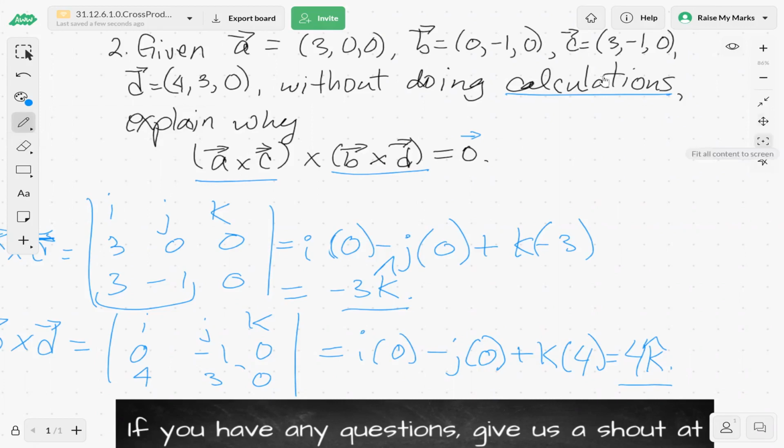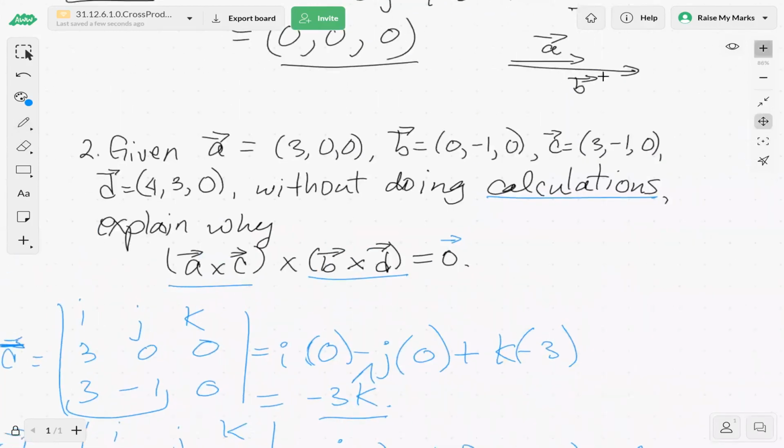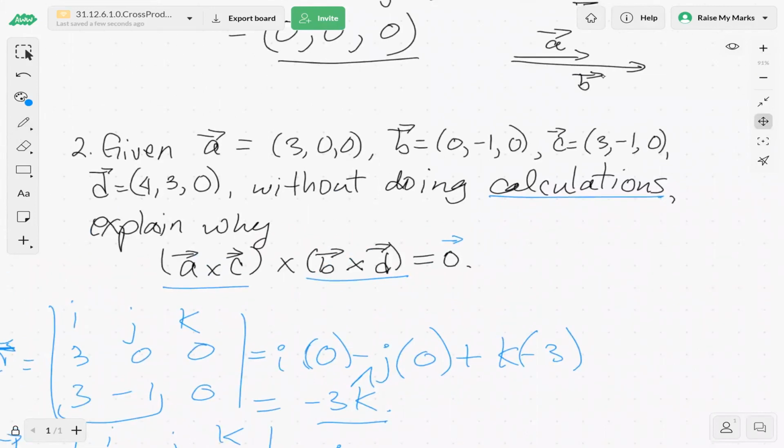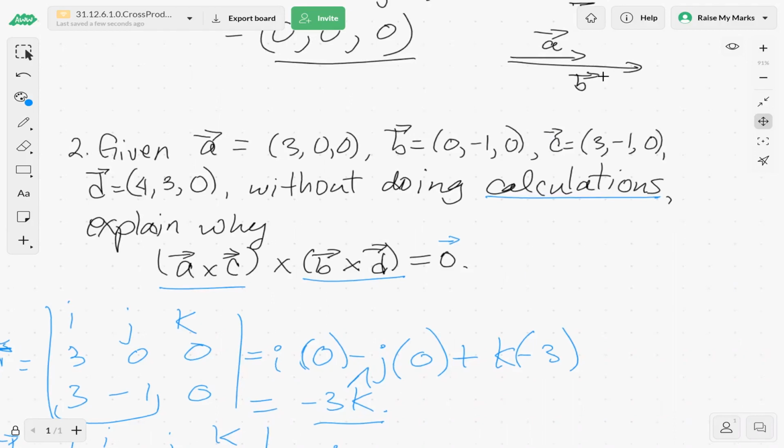So now if we go back to our problem, we see that all our vectors, A, B, C, and D, all lie in the xy plane. So that means when you take the cross product of any two of these vectors, we're going to get a vector perpendicular to the given two vectors. So that's going to be a vector in the z direction. So the cross product of A and C is going to be some multiple of the vector k.